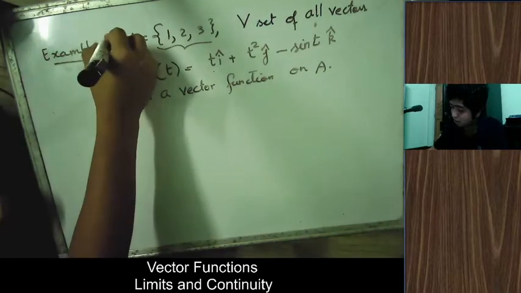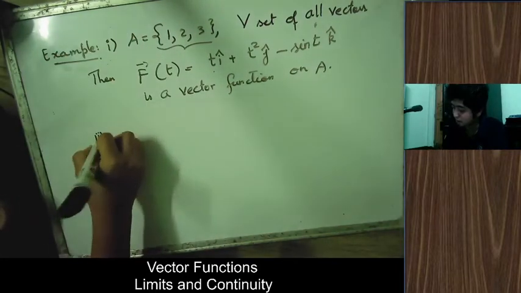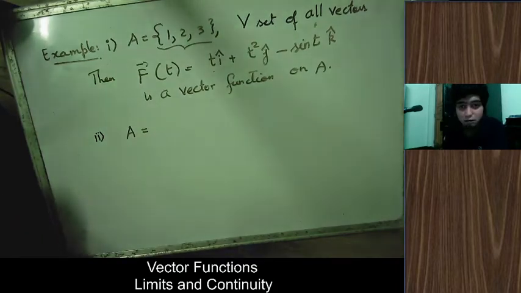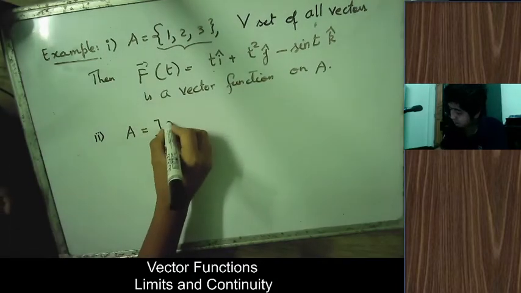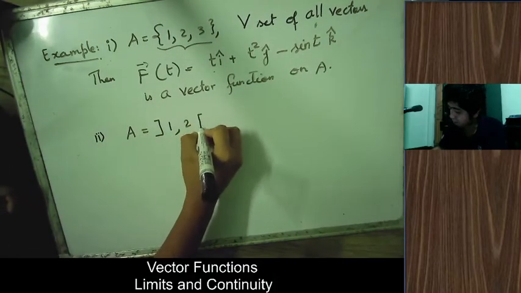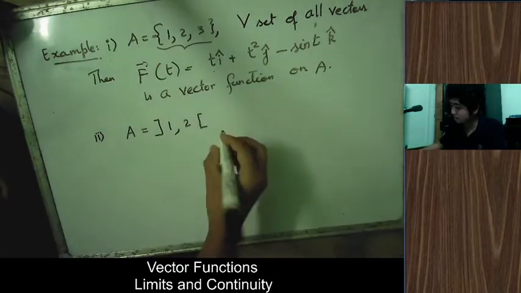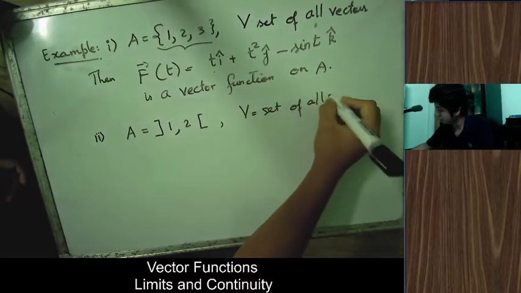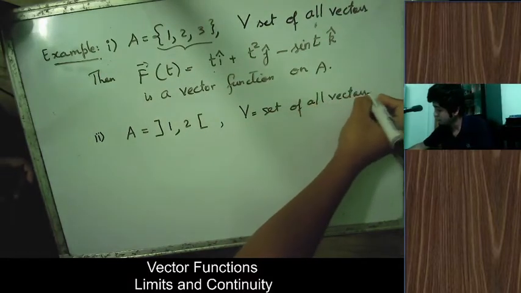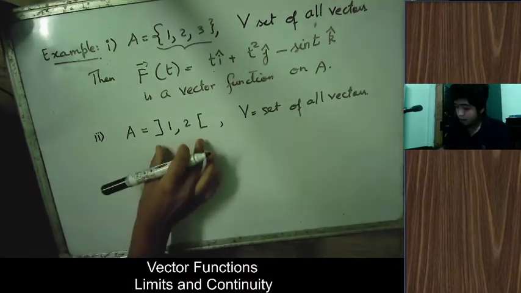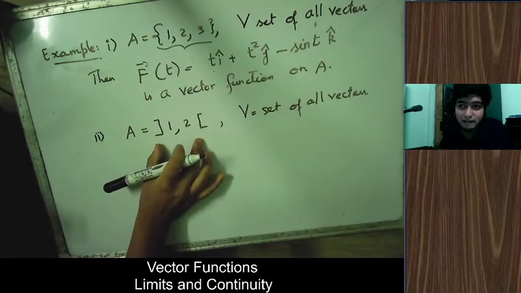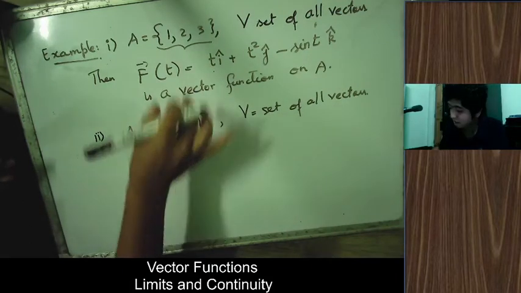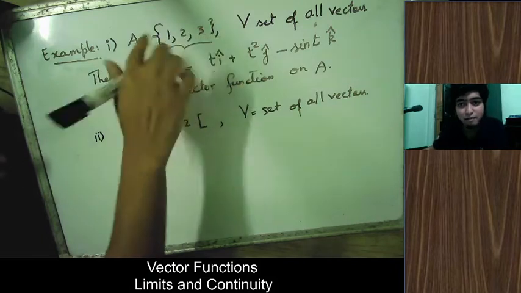It should be again a set of real numbers. So I will form, maybe, example number 2, where A is the open interval (1, 2). Again, V is the set of all vectors. Over here, A is an infinite set, whereas over there we had only 3 elements.